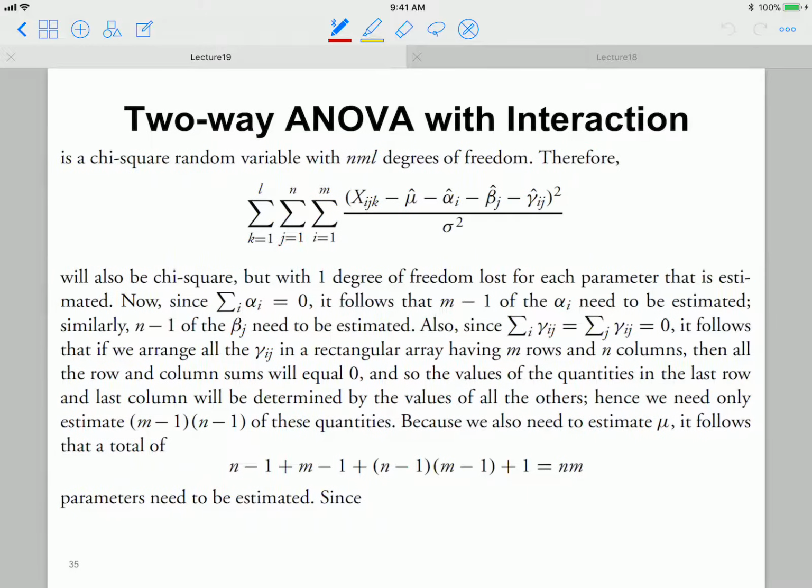Okay, and what is the next step? We have to replace these true parameters with our estimators, and that will decrease our degrees of freedom by a certain amount.